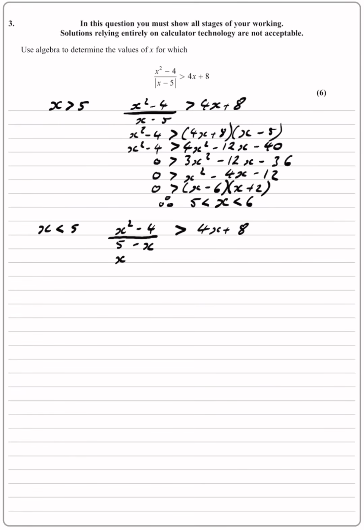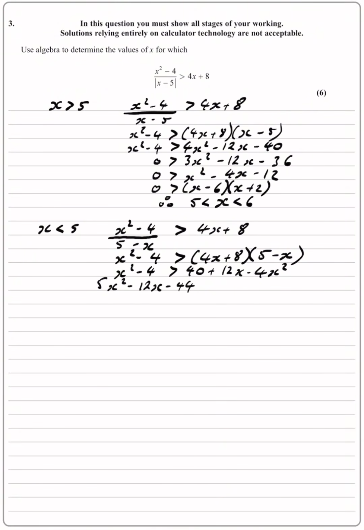That 5 minus x is going to be positive, and therefore I can multiply both sides by 5 minus x. And we're left with a different quadratic. Expand out the right hand side. I can multiply by that 5 minus x because I know it's positive without having to think about swapping the sign around. I've brought everything onto the left hand side this time.